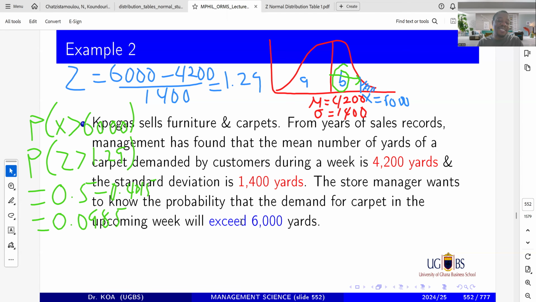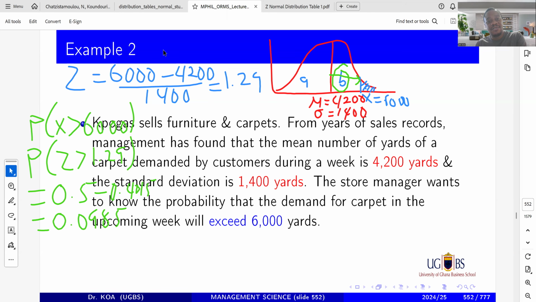It's under 10%. There's less than even a 10% chance that demand for carpet will exceed 6,000. To expect that is quite an ambitious expectation. Now you have statistical knowledge and you can speak with authority.